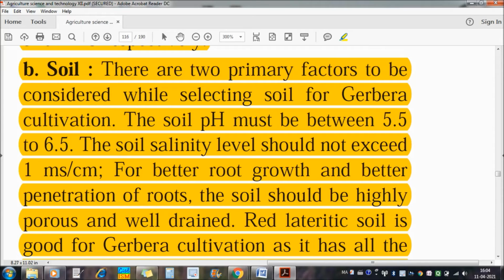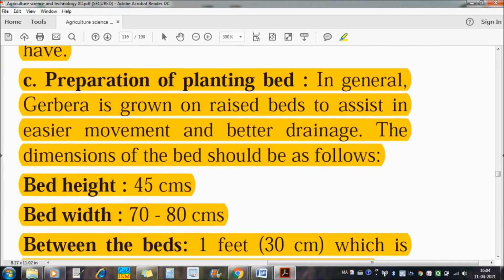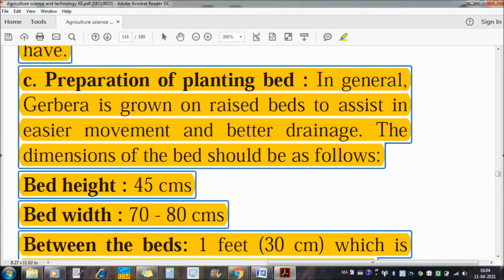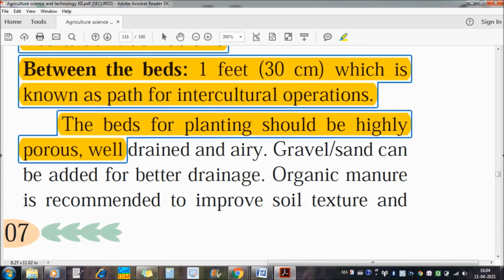Now, preparation of planting beds for gerbera. Gerbera can be grown in raised beds. This is important for good drainage and easier movement of water. So what should be the size? Bed height 35 cm, width 70 to 80 cm, and distance between the beds 30 cm or 1 foot.